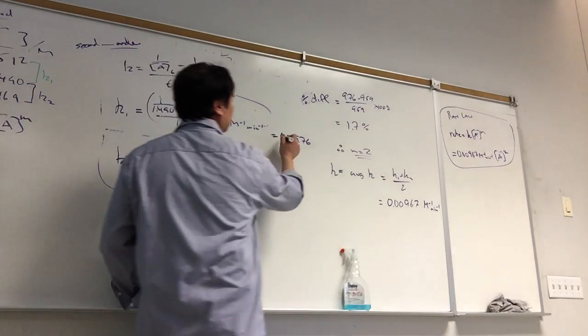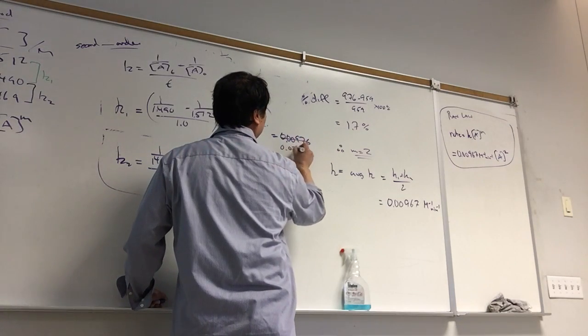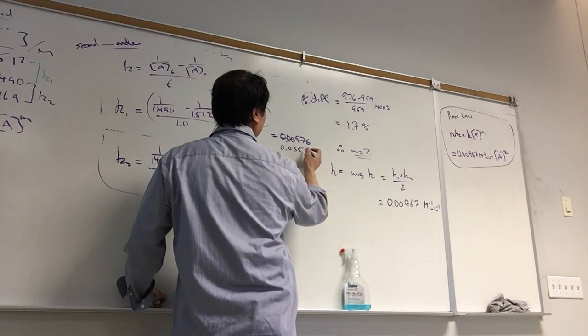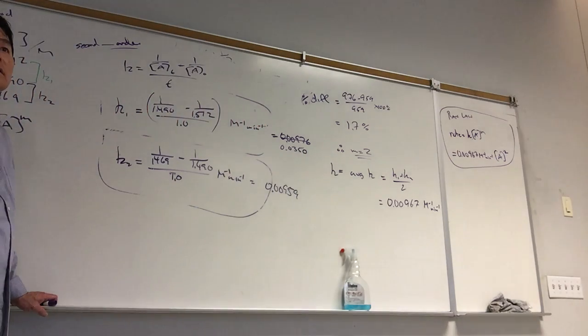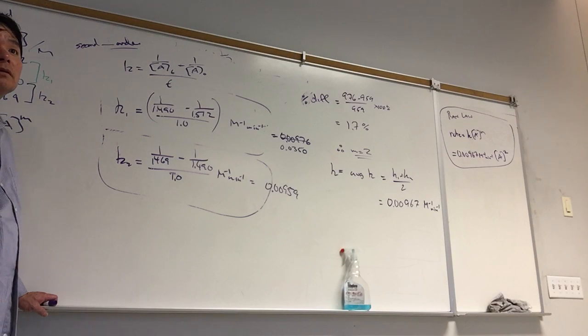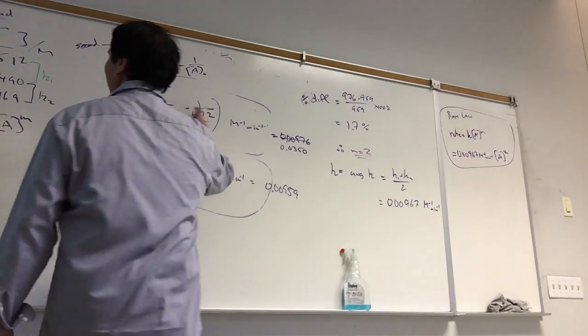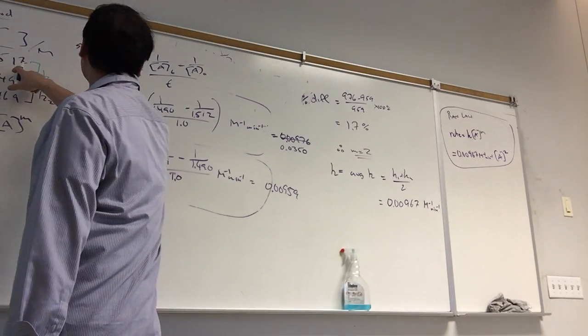All right, let's... 0.035 what? 350? How about this one? That one's right? 512 or 517? 512. Sorry. Never mind, that's right. Yeah, because it was... well, actually, here's the original data, 512.